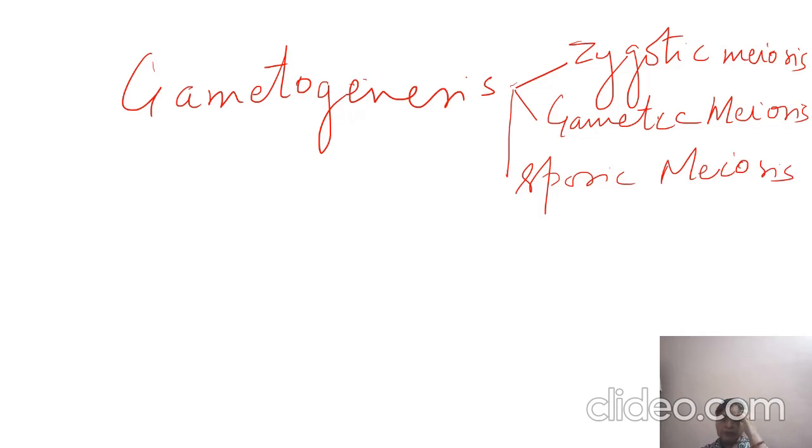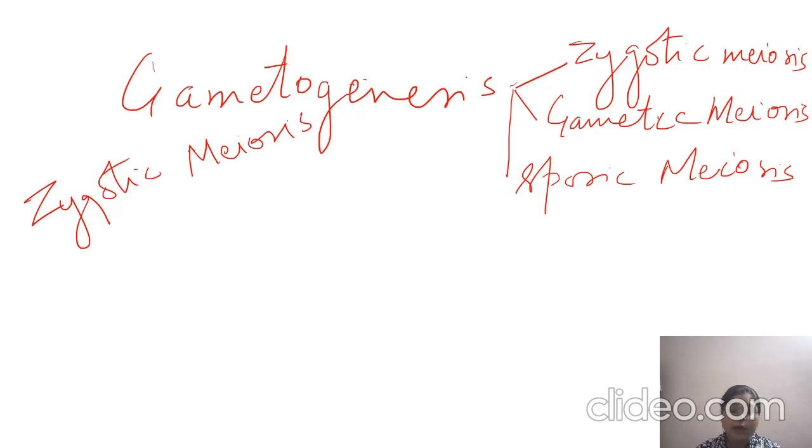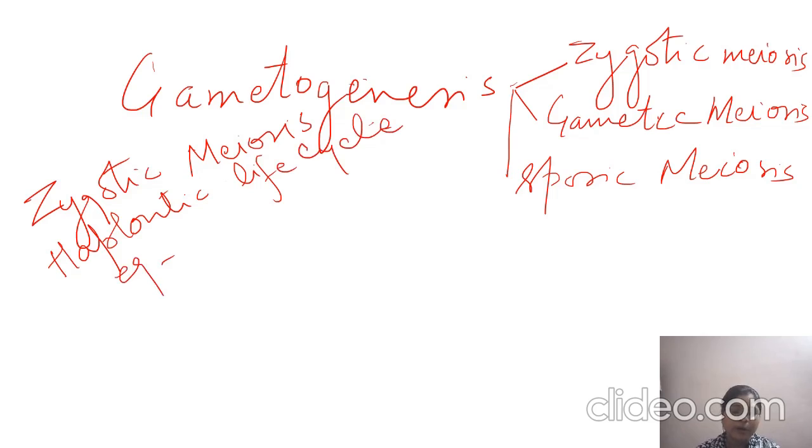Now coming to these, zygotic meiosis: one of the best examples. We also call it the haplontic life cycle, if you remember. One of the best examples is Chlamydomonas, and we see this kind of cycle in haploid organisms.